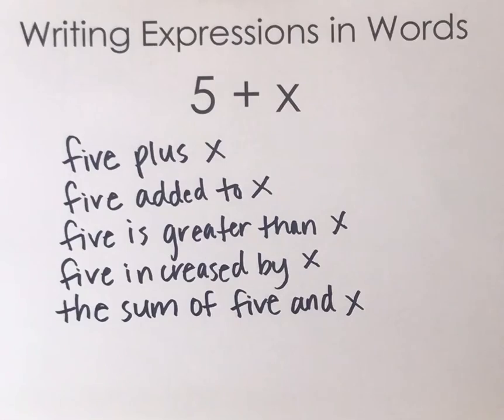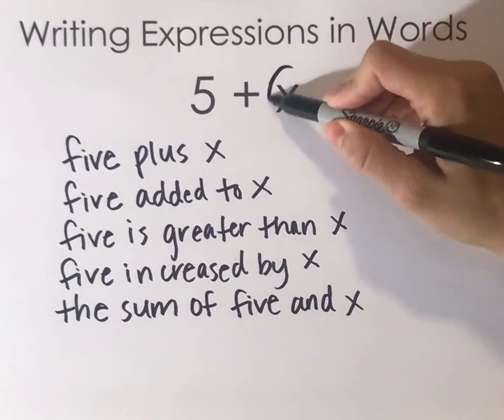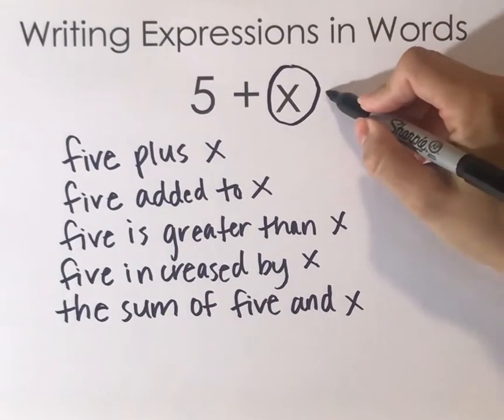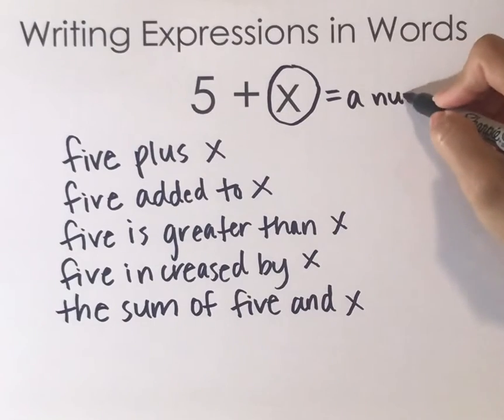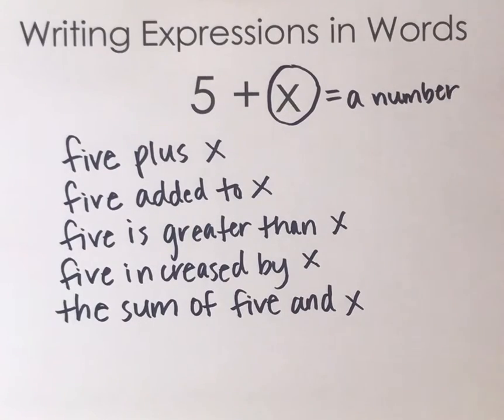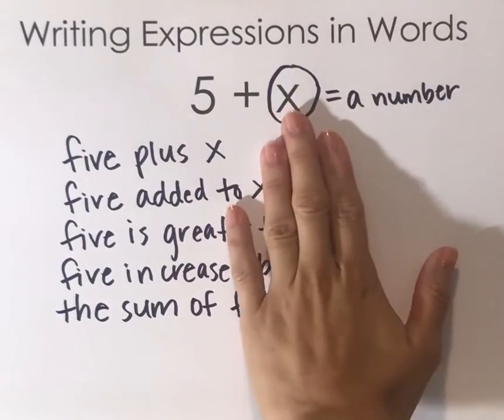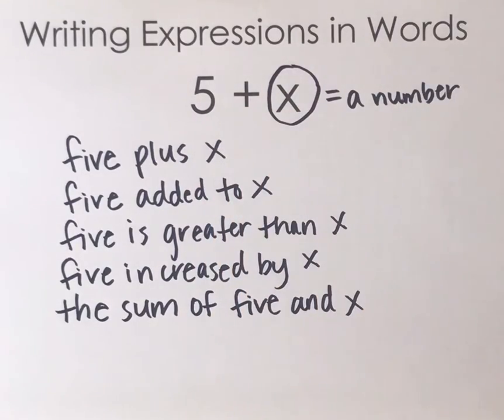Another way that I've also seen it is where instead of using the actual letter, they call it a number. And when you hear the word a number, it represents a letter, or remember that's called a variable, but any letter that you want to use.